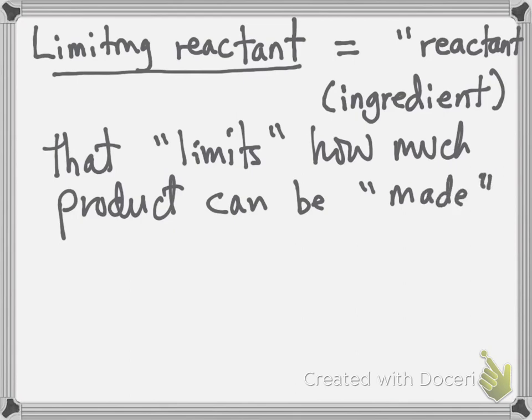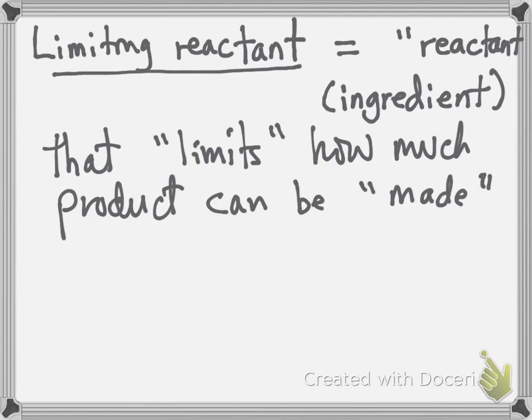I will run out of this ingredient, and by this ingredient no longer being available, I can no longer make, in our analogy, a Saudi. Because once I'm out of turkey, I can't just throw tomatoes, pickles, and mayonnaise together and call it a Saudi. It's just kind of gross. A sandwich without meat. Vegans, hear me. That's gross. So, once I run out of that reactant, I can't make any more product.